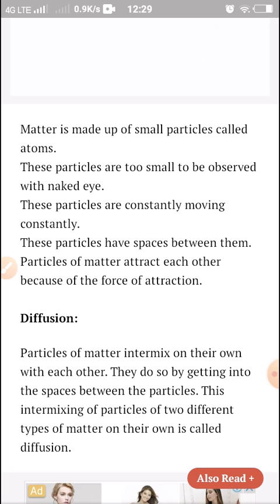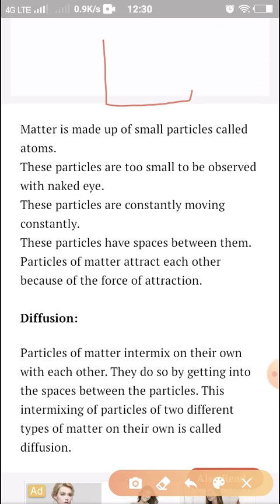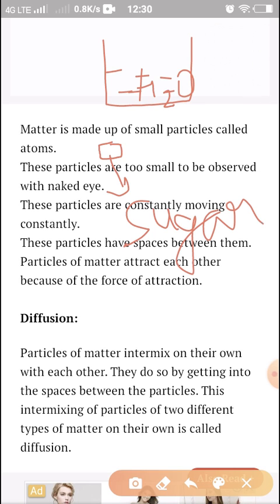Suppose I've taken a beaker over here, please look here. I've taken H2O, that's water, and if I add sugar to it, sugar is like sugar cubes, right? I've put some sugar in it.